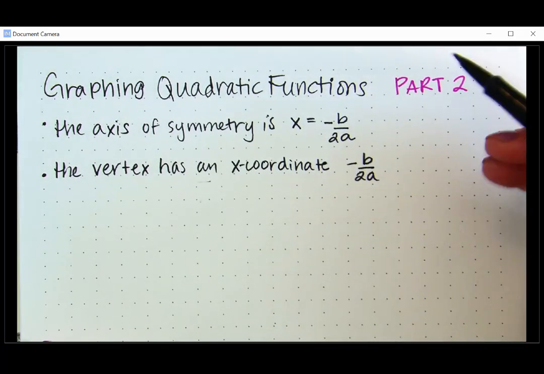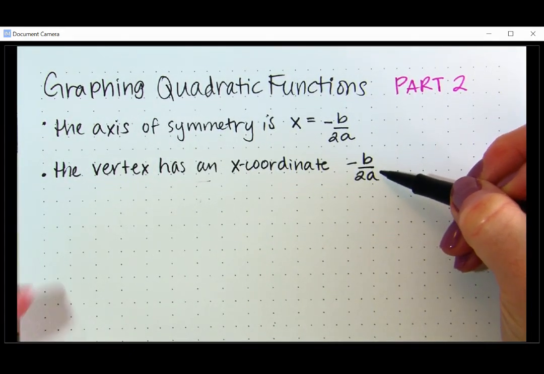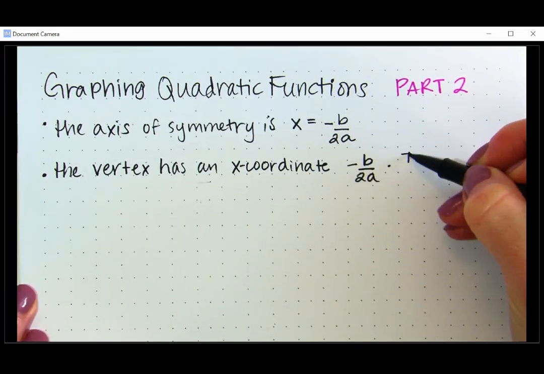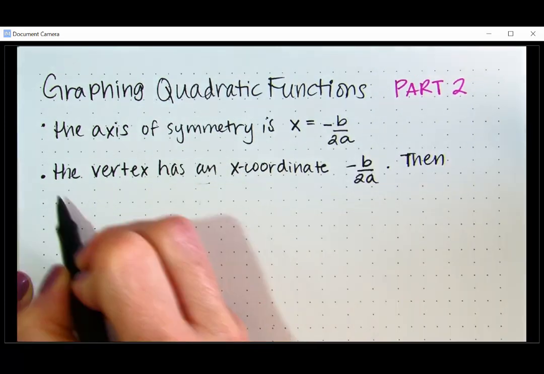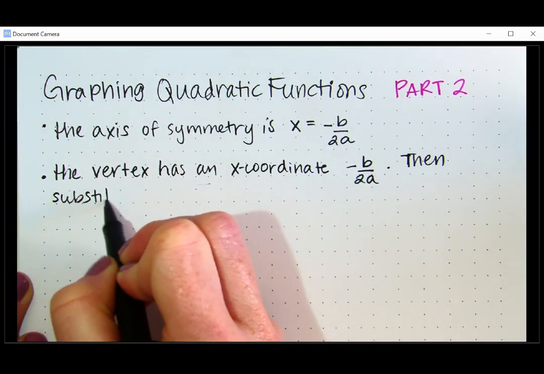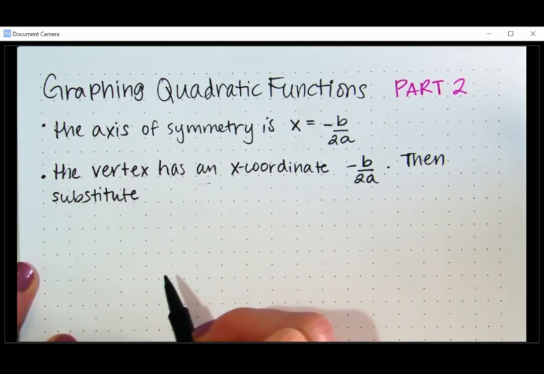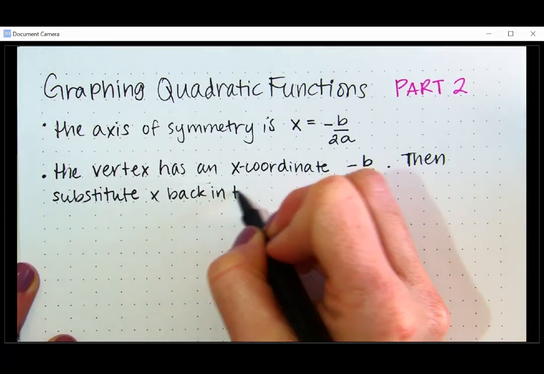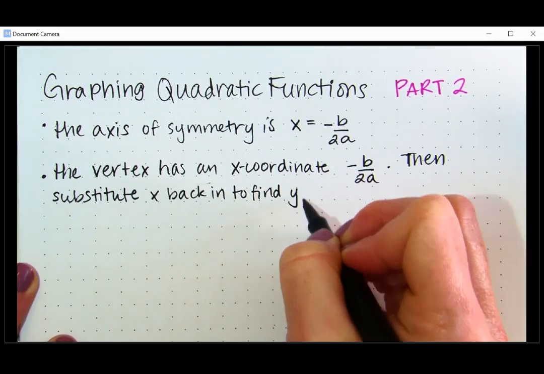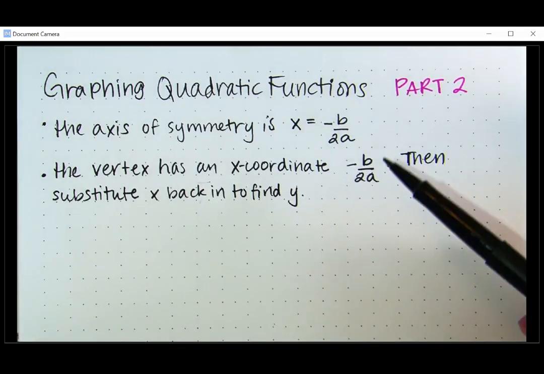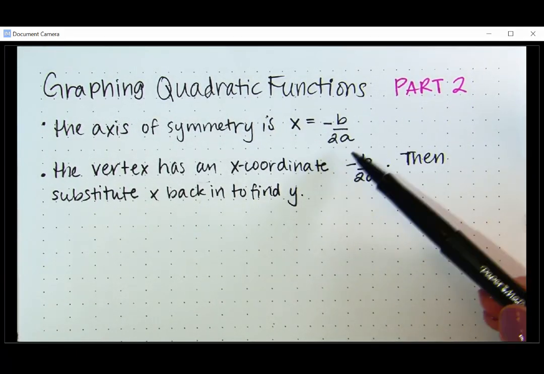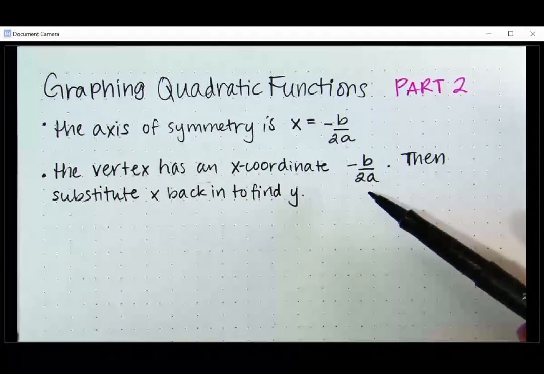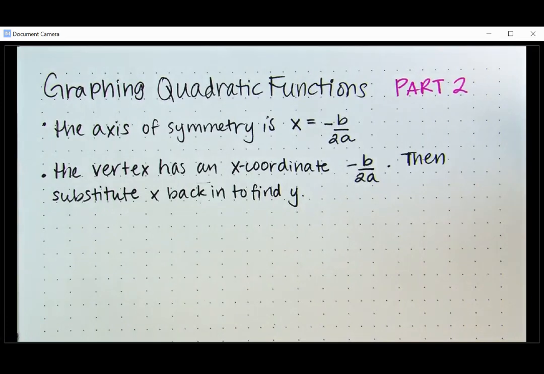So with the vertex, you get the x coordinate using this formula. Then substitute x back in to find y. You take the x value that you get from this little formula, substitute it into the standard form equation, do the math, and find the y.